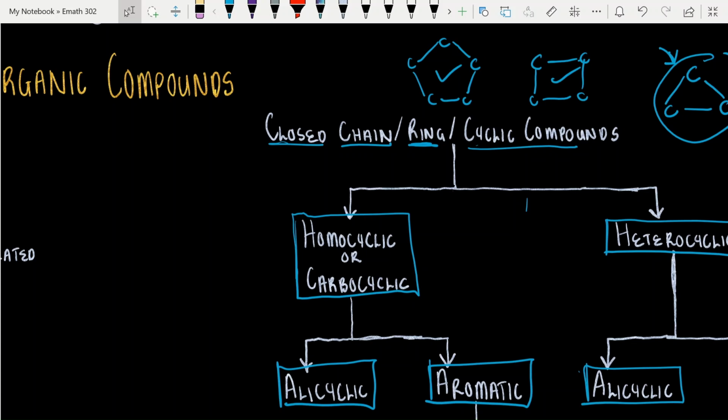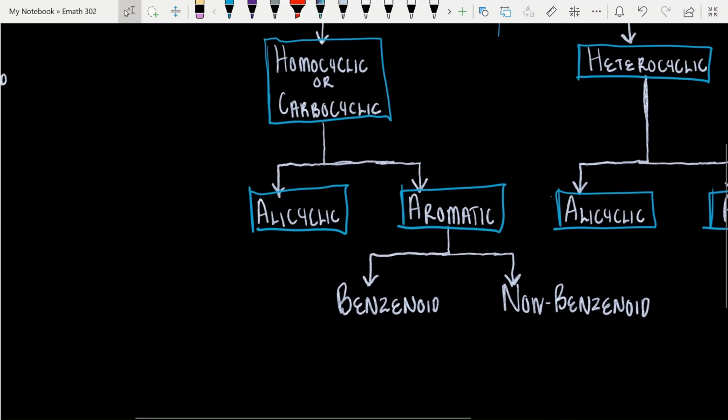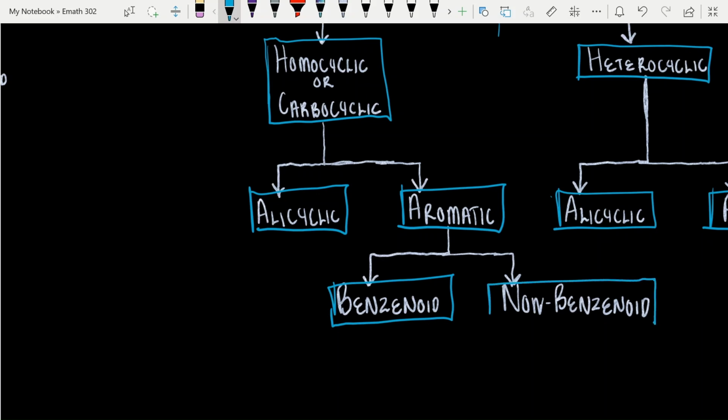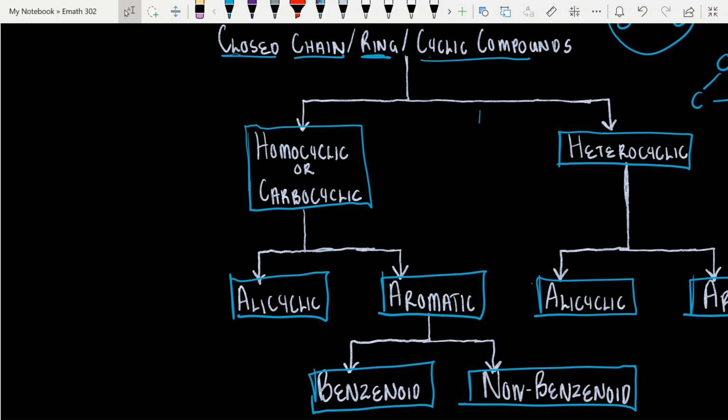Don't worry about this benzene versus no benzene for now, I'm going to show you. But I can just explain that for these homo guys, there's one more step after aromatic. The most common aromatic thing has benzene.